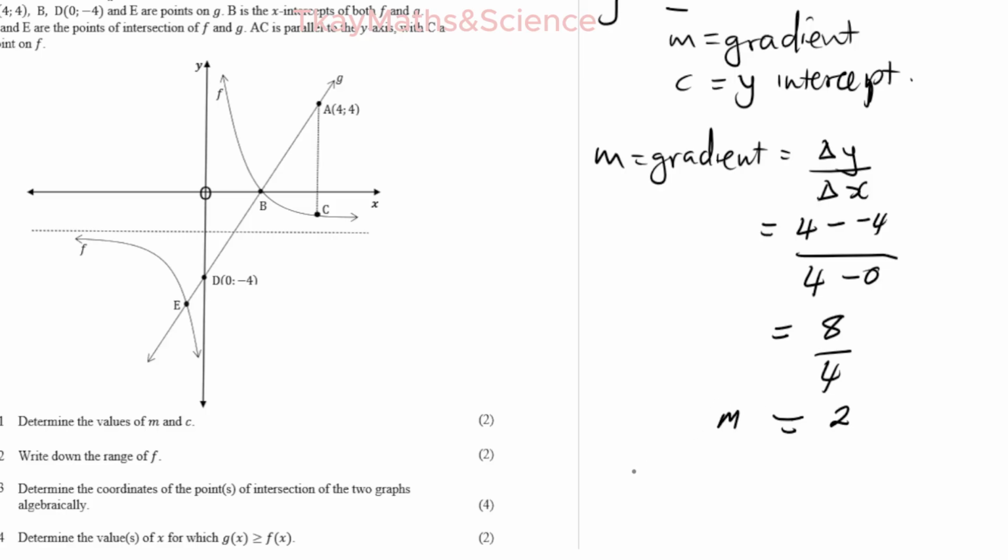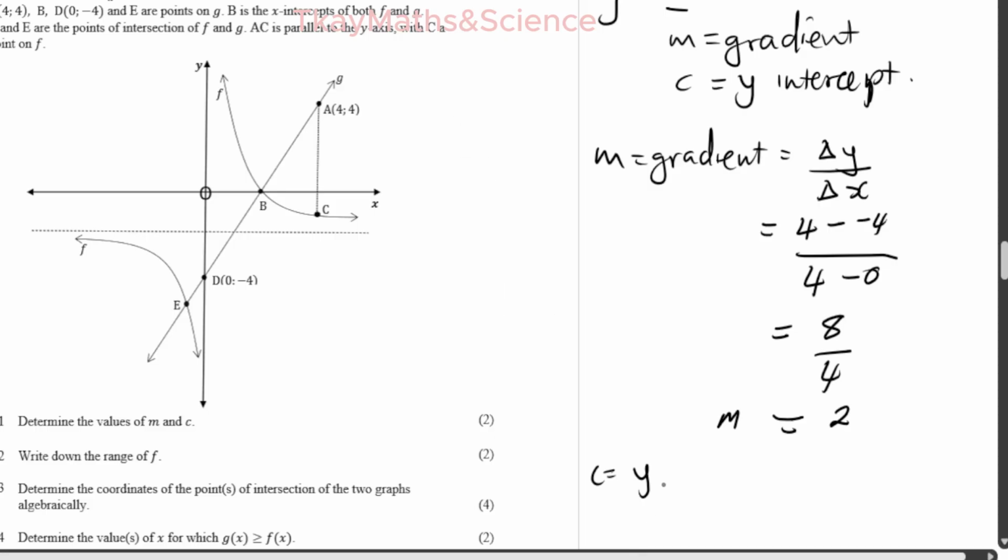And what is our c? Our c is the y-intercept, where it is intercepting the y-axis, which is here. The y value here is minus 4. So c, which is equal to the y-intercept, is equal to minus 4. So we got our m and our c.